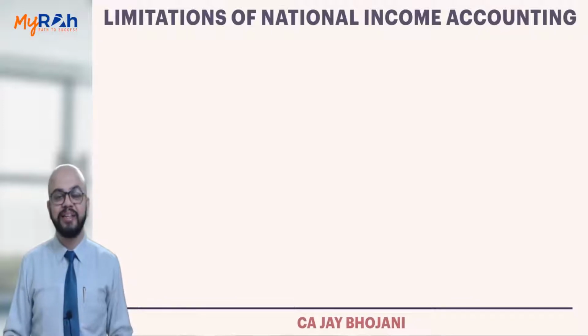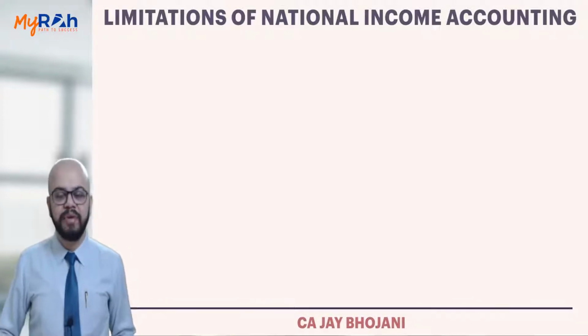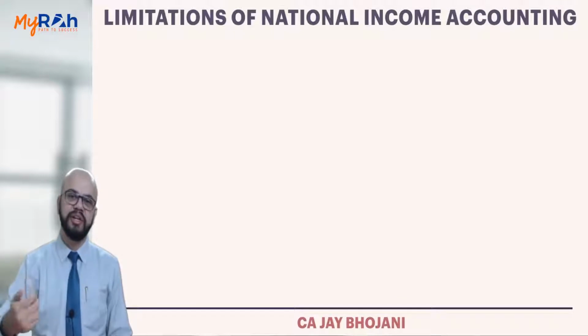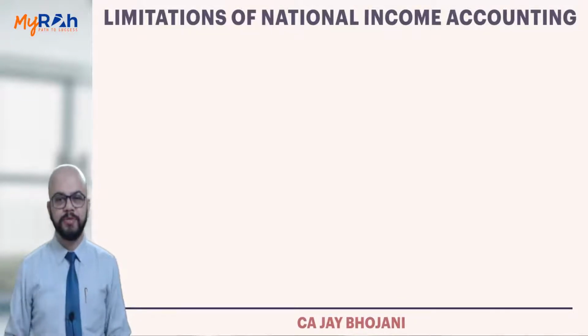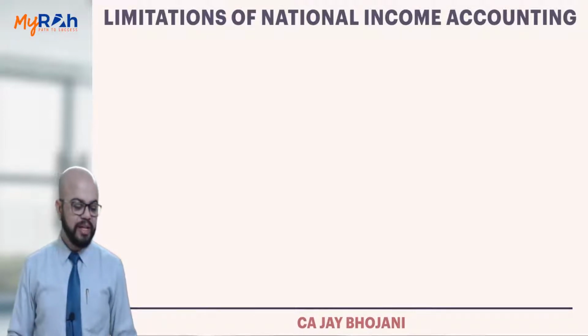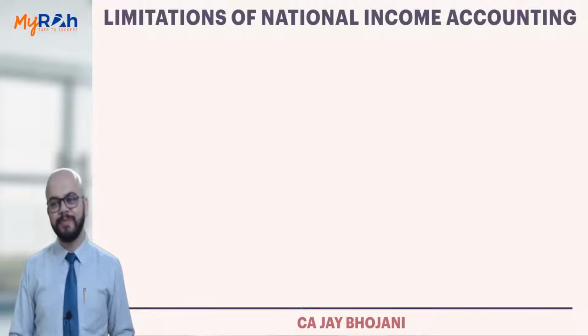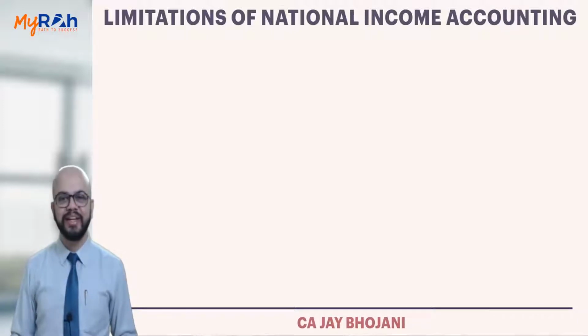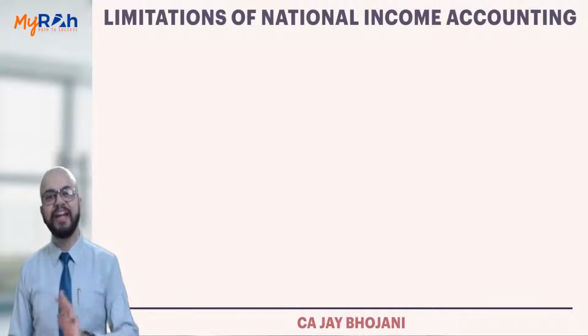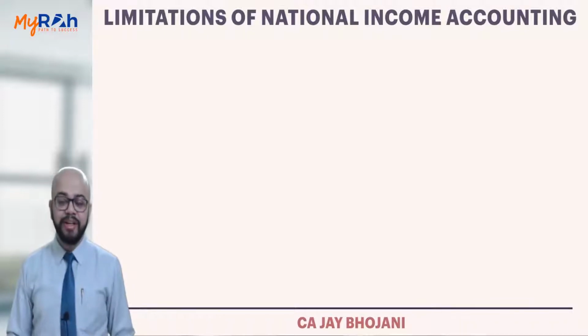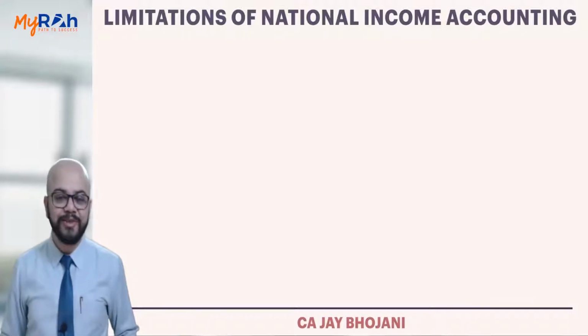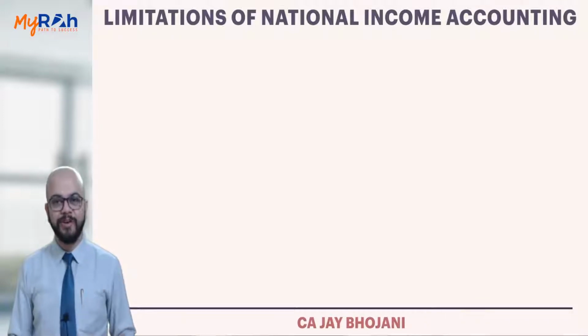There are some major limitations while using national income to understand the performance of the economy. And what are those limitations that we are going to discuss here? The reason these limitations are kept at the very end of the unit is that if we had read and understood them at the beginning, we might probably not even want to learn about national income.